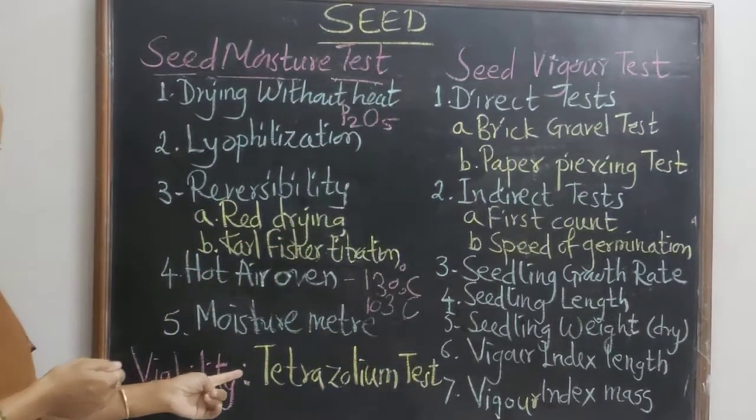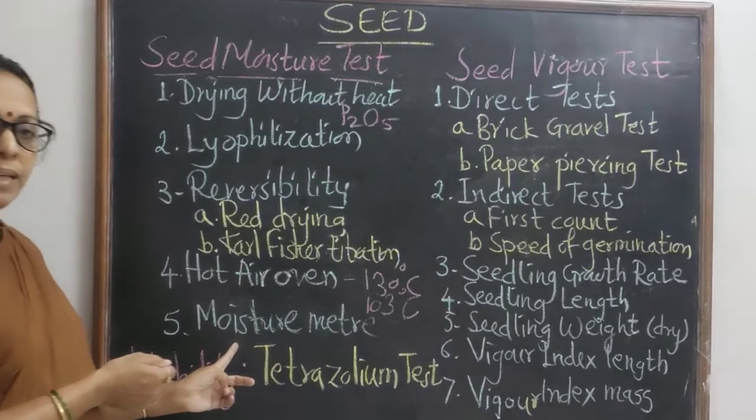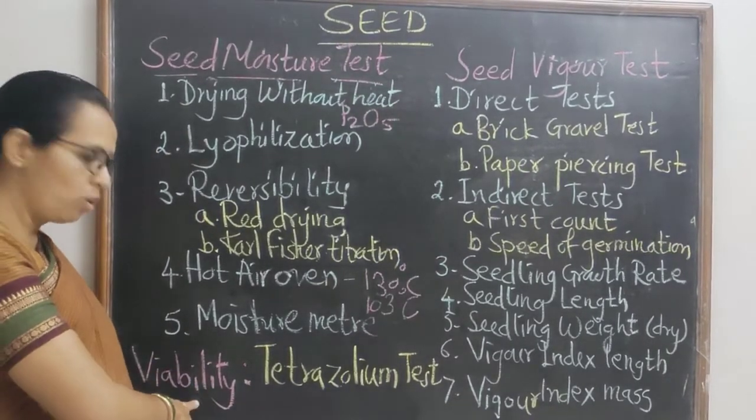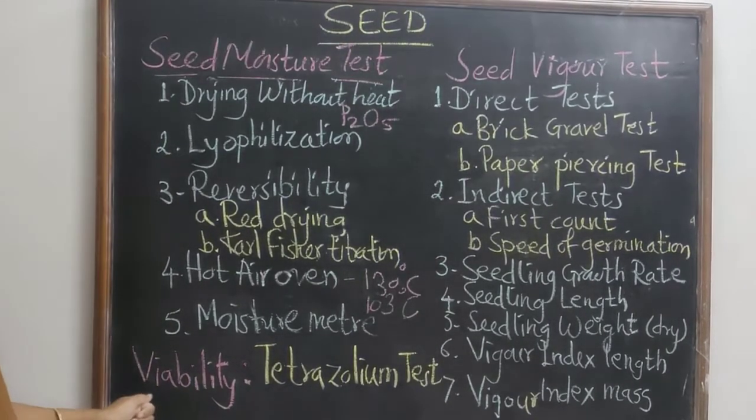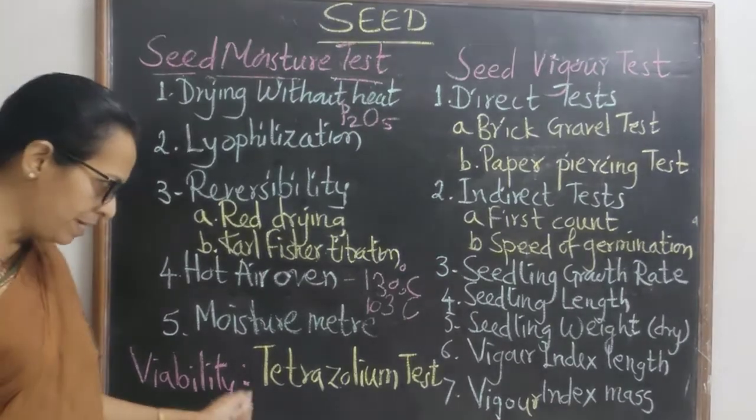Then the last character or factor about the seed is viability.